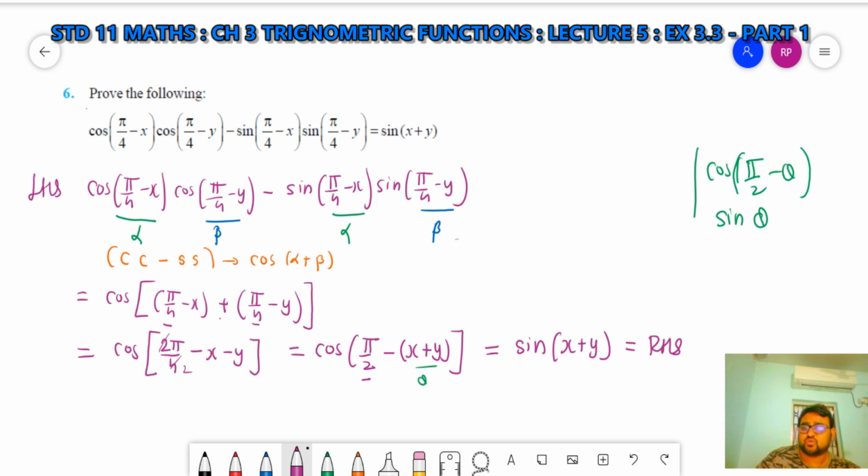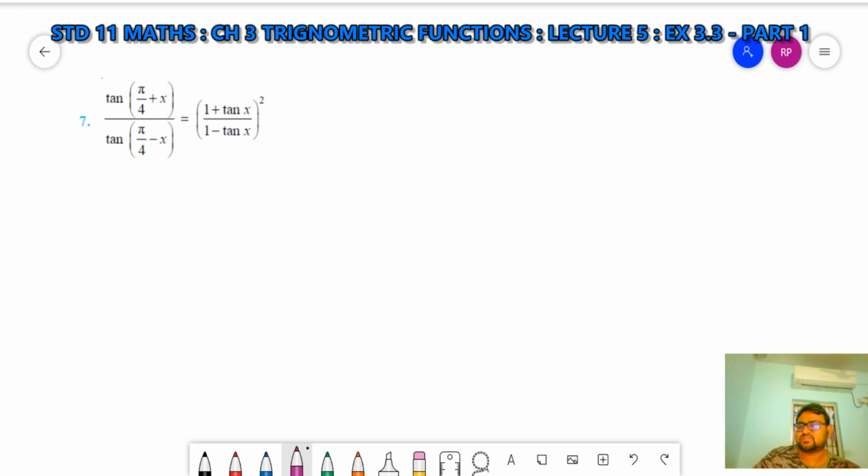Now let's move to the next one, that is question number 7. Question number 7. You have to prove that tan(pi/4 + x) upon tan(pi/4 - x) is equal to ((1 + tan x) upon (1 - tan x)) whole square.